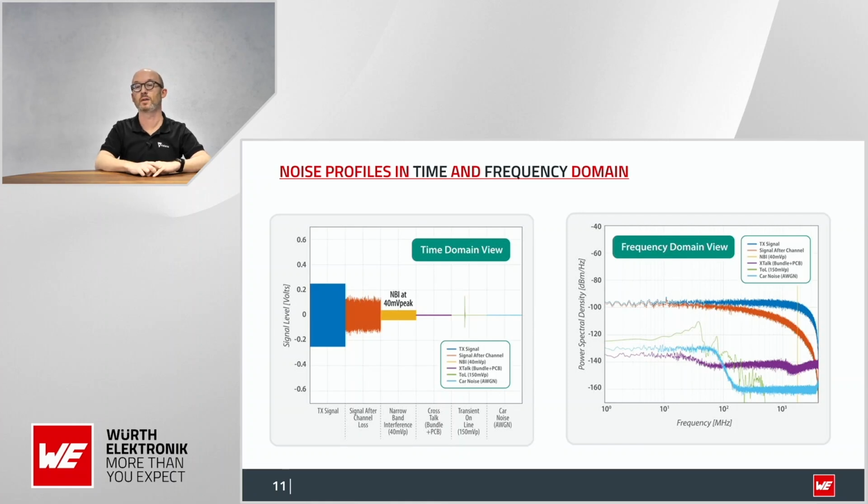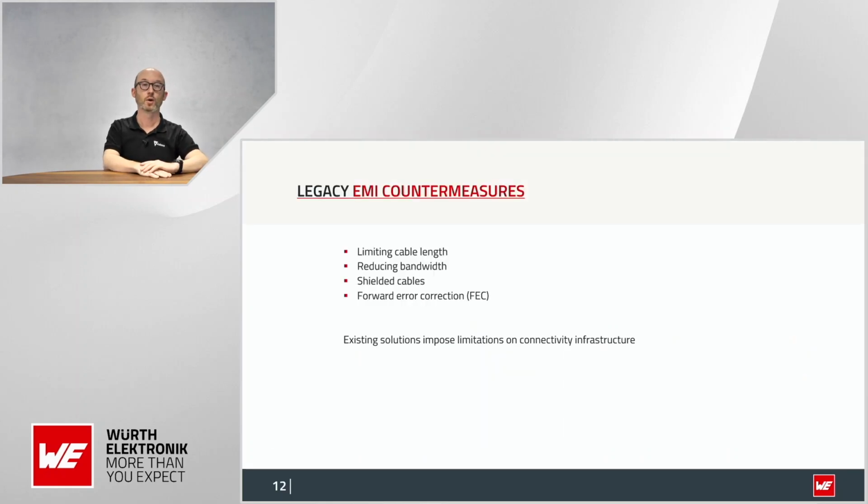And we can also see, as described, the crosstalk, car noise, and transients are well below that in terms of the spectral density. And I'm not sure if you can see it properly, the yellow short line, the narrowband interference, is narrow in the frequency domain, but you can see it has quite high power spectral density, even above the wanted signal.